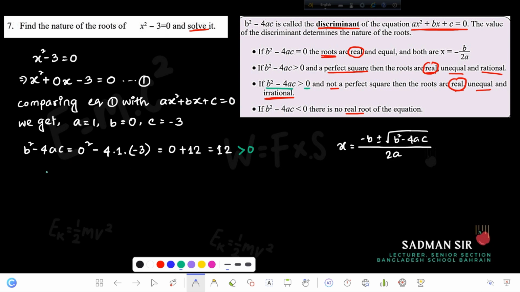Now, we can write that b square minus 4ac is greater than 0 and not a perfect square, then we will write the roots are real, unequal, and irrational.